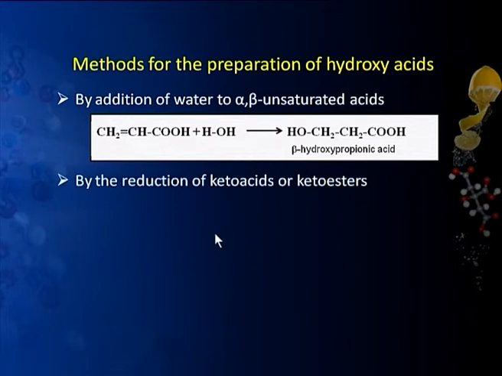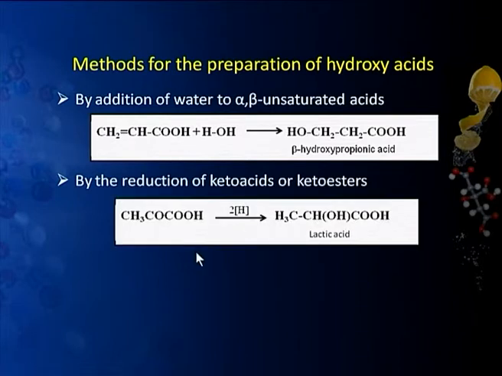We can get this beta hydroxy acid by the reduction of corresponding beta keto acids, but this method can be used even for the preparation of alpha hydroxy, beta hydroxy, or even gamma hydroxy acids. That depends upon the position of keto group in that, such as pyruvic acid CH3COCOOH. This one reduction gives us lactic acid.